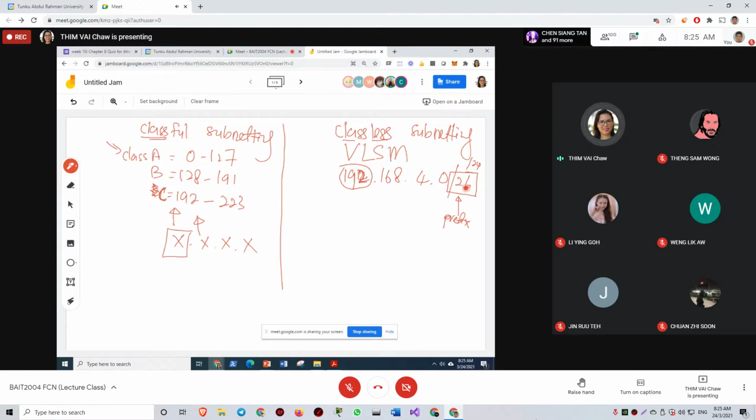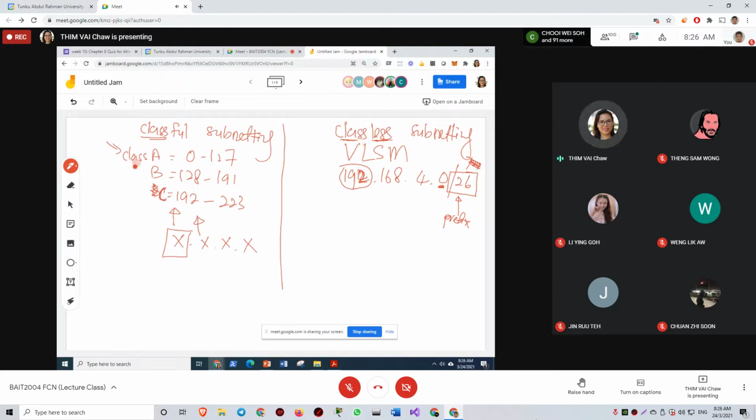Why is it /26 here? It's not wrong at all, because it could be possible this address has already been used for subnetting. They already used 2 bits from the host portion and already created a subnet, and now this is an address that you can continue subnetting. Possible, because this is called classless subnetting.